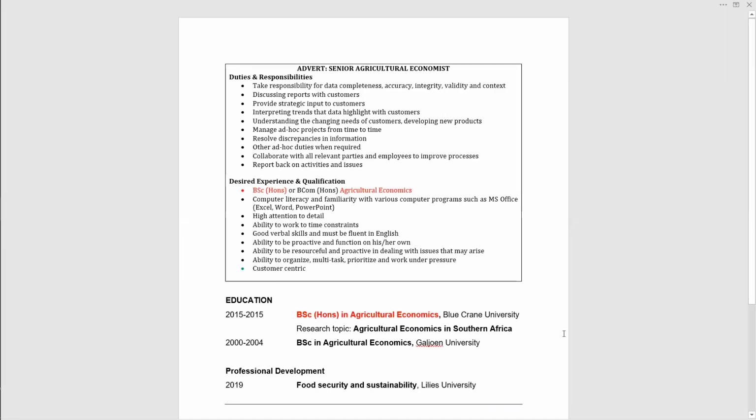We are now going to look at the education section, and this section is pretty straightforward. What you need to know is that you need to list your qualifications in reverse chronological order. So that means that your first qualification will go at the bottom, and your latest will be here at the top.